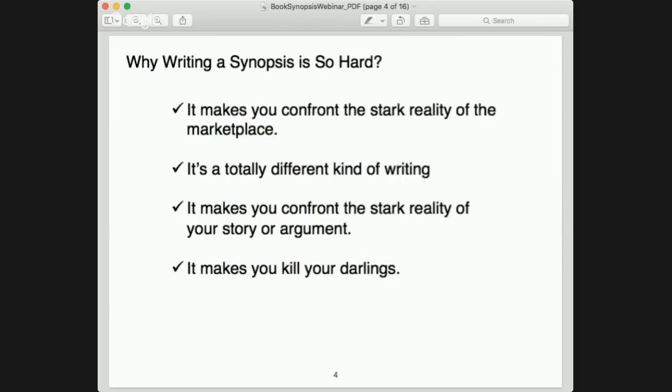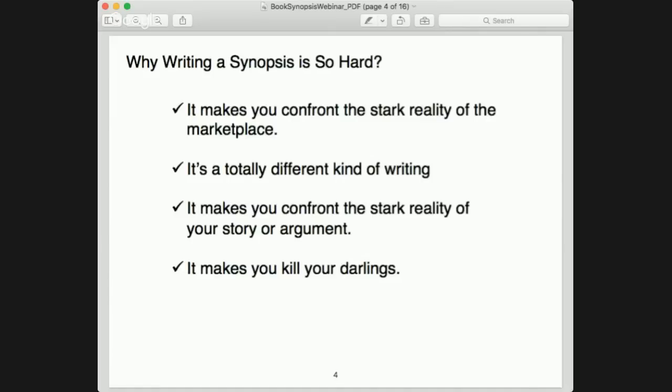But when you step into the realm of selling that book, of wanting someone to buy it, to read it, you become something different. It's the difference between writing alone in your room and writing something that you want the whole world to see. It makes you confront the reality of the marketplace, that books are bought and sold.